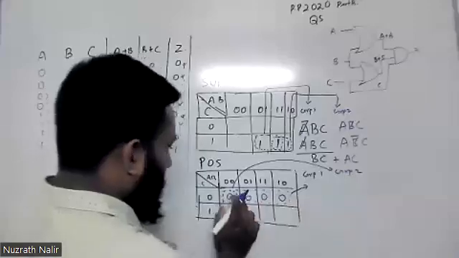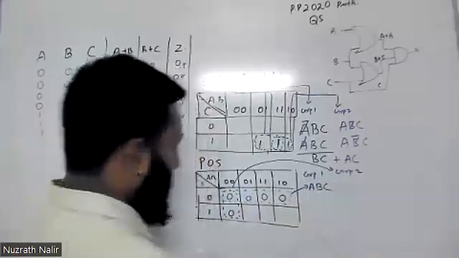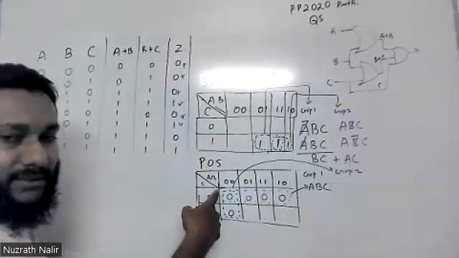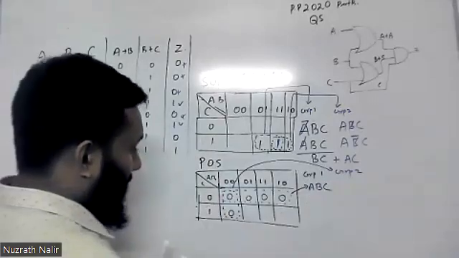Group 2. So the first combination A, B, C. I hope you know why this one is ABC. Clear? Okay.